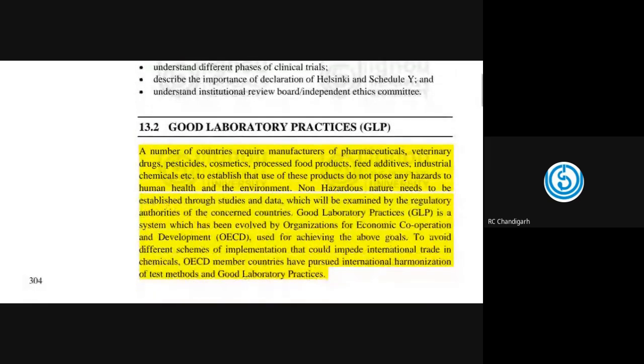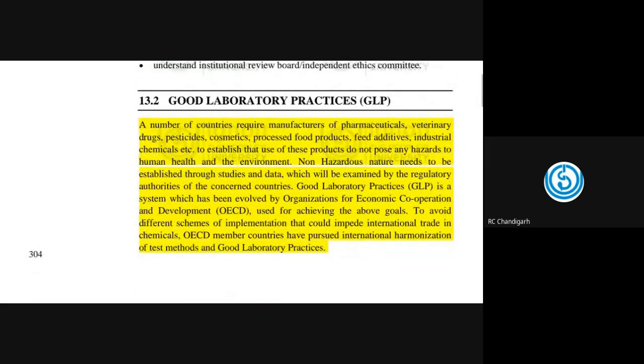First, good laboratory practices. A number of countries require manufacturers of pharmaceuticals, veterinary drugs, pesticides, cosmetics, processed food products, feed additives, industrial chemicals, etc., to establish that the use of these products does not pose any hazards to human health and the environment.